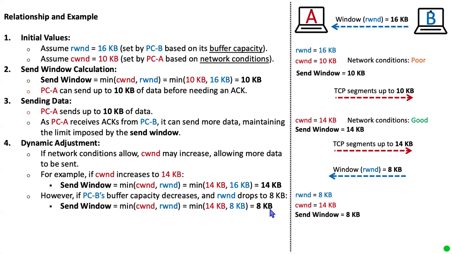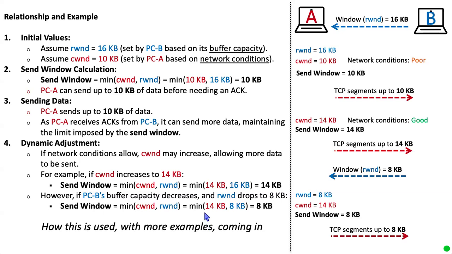Our send window is now set to the lesser of the two, which is 8,000 bytes. Now PCA can't send any more data than 8,000 bytes before receiving an acknowledgement from PCB. So that's the relationship between the receive window, congestion window, and ultimately the send window.